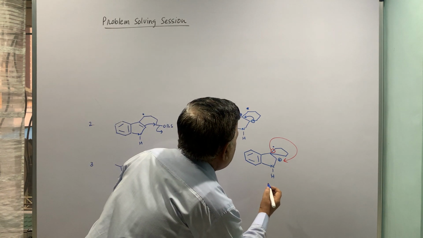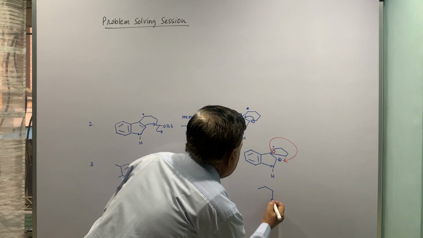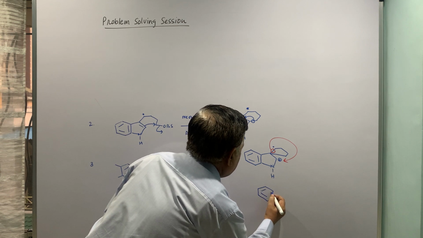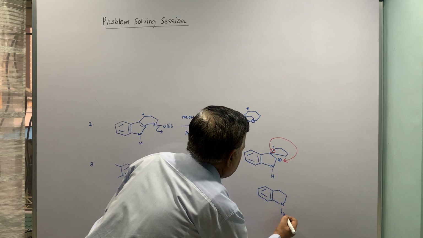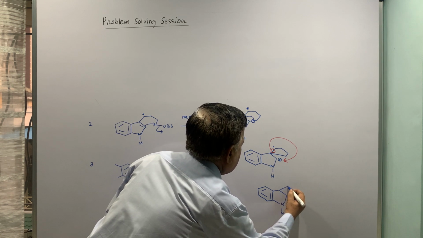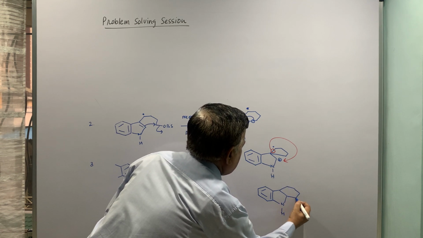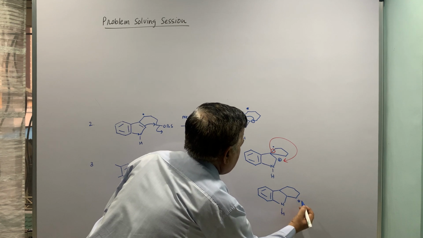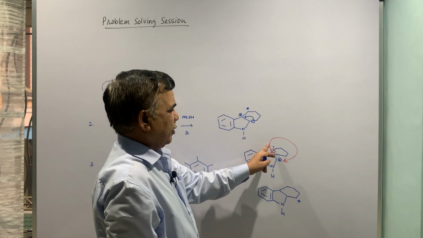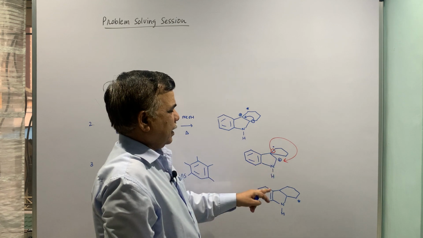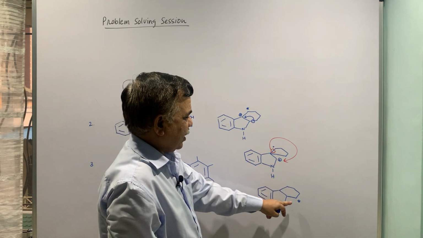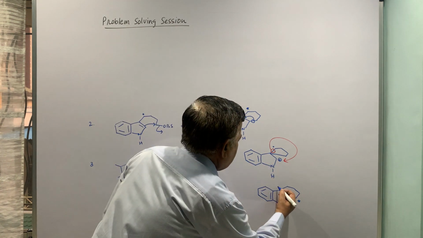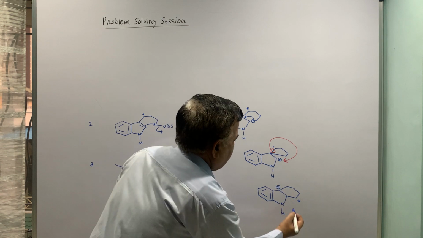we will be having a 6-membered ring. I am talking about the alicyclic ring, this is NH, and then there, and now this star will come here because that is getting attached here, and as a consequence of it this turns positive.